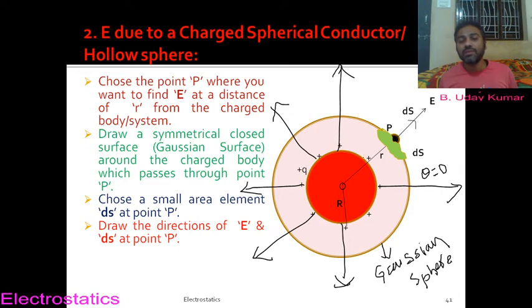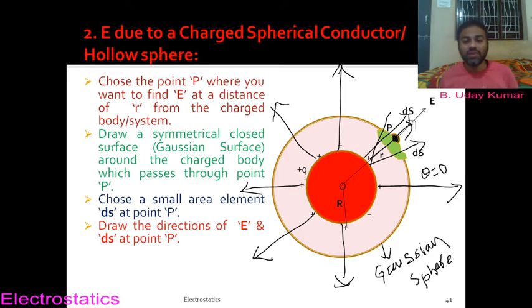That means a few lines of electric force will be coming out of dS also. The number of lines of force coming out of dS, we call the flux passing through dS.